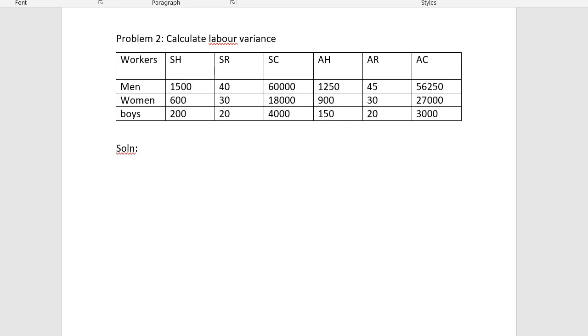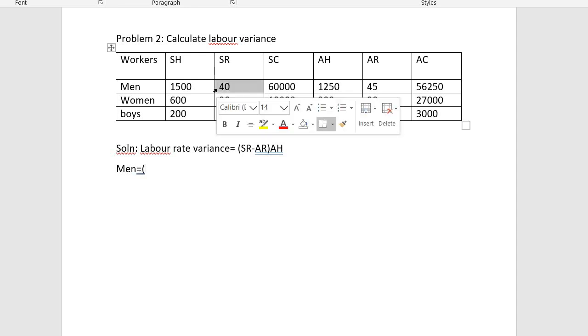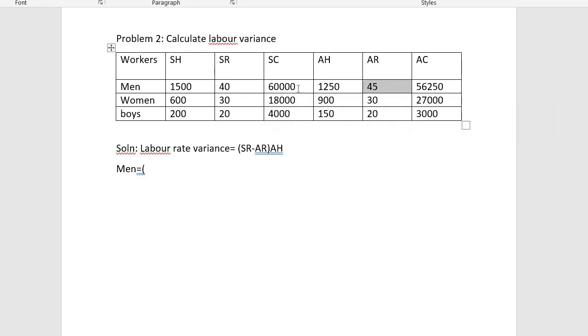First, we can write labor rate variance. Labor rate variance is equal to standard rate minus actual rate into actual hour. Right? For men, you can see that standard rate is 40, actual rate is 45, actual hour is 1250.